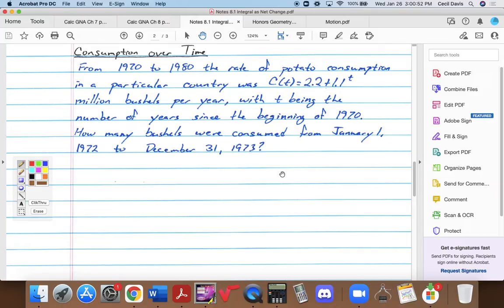Fun fact, there was a time when, I'm trying to remember. Ireland? No, not doing potato famine. There was a time in the United States where the Department of Agriculture got very excited because the consumption of vegetables in the United States had an upward trend for several years.